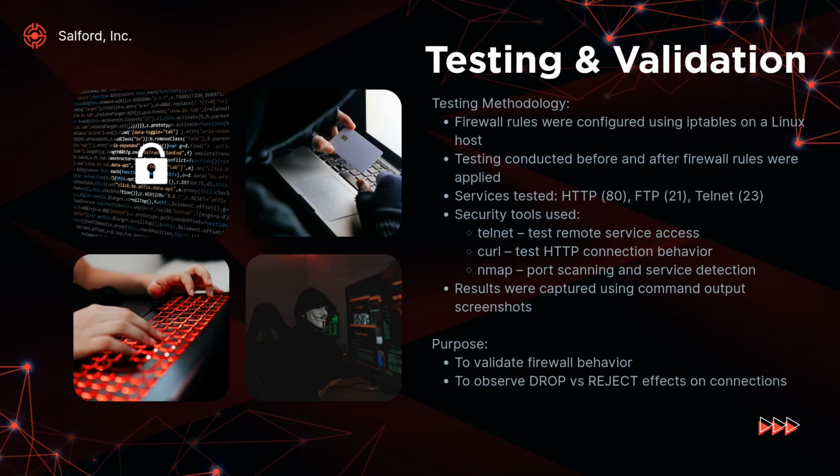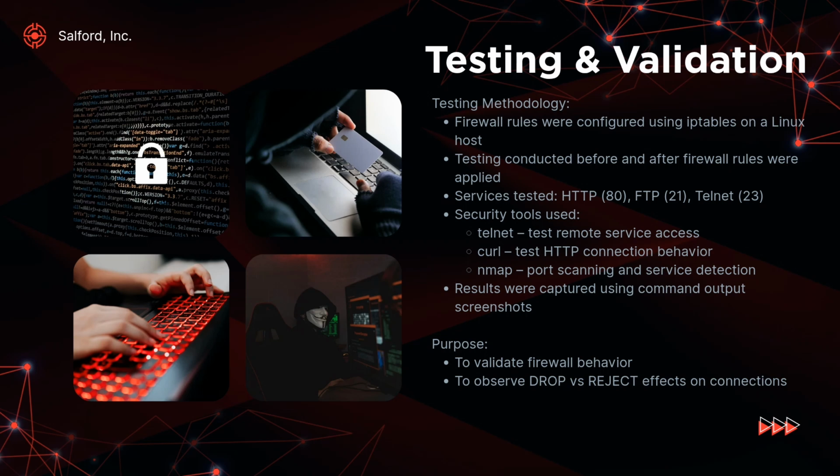Tools used: Telnet to test remote service access, curl to test HTTP connection behavior, and Nmap for port scanning and service detection. Results were captured using command output screenshots to validate firewall behavior and to observe the drop versus reject effect on connections.